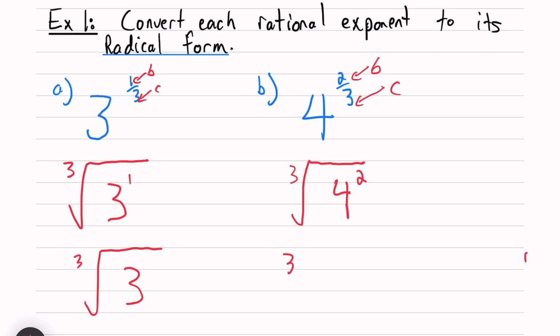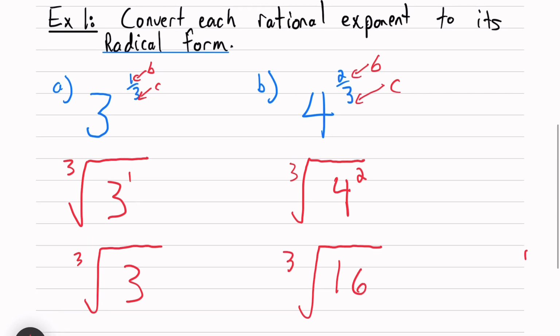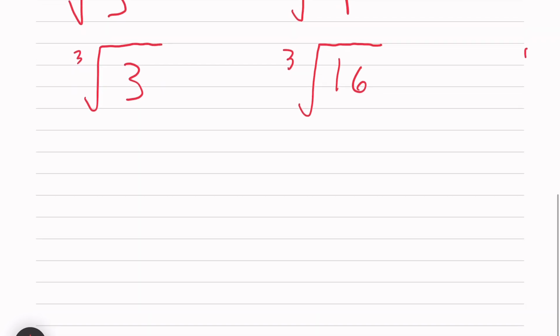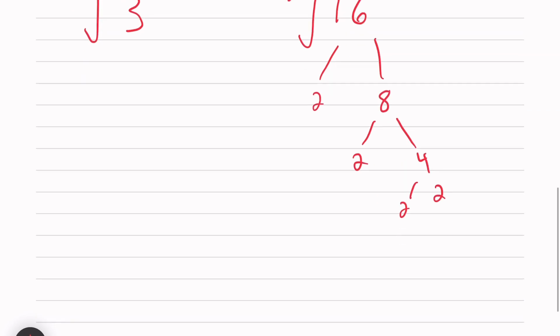This, of course, simplifies into the cube root of 16, which we can break down further using prime factorization. That'll be 2 and 8, 2 and then 4, and then 2 and 2. And of course, all of these will go underneath the cube root.